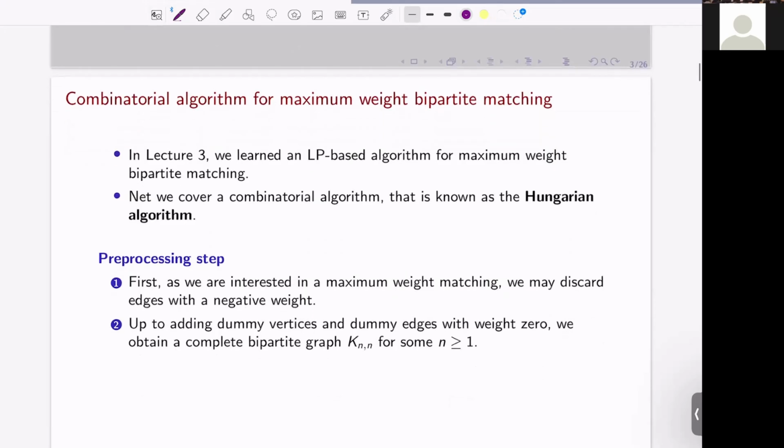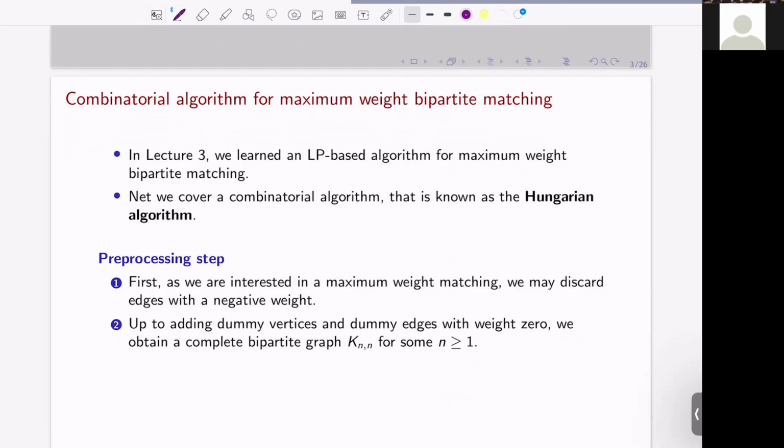And the second step is the following. Having discarded all edges with negative weights, we may assume that all edge weights are non-negative, but maybe the graph is not complete, right? In that case, we add some dummy edges with weight 0.